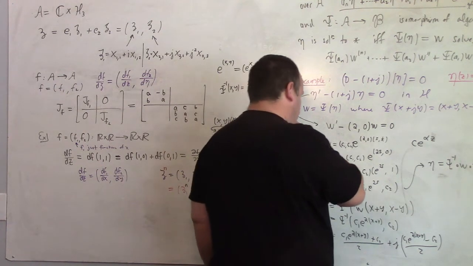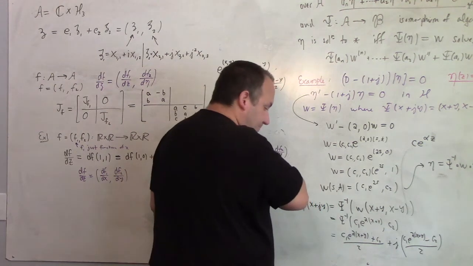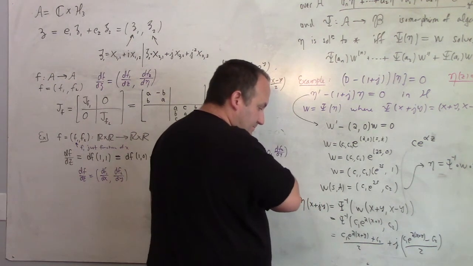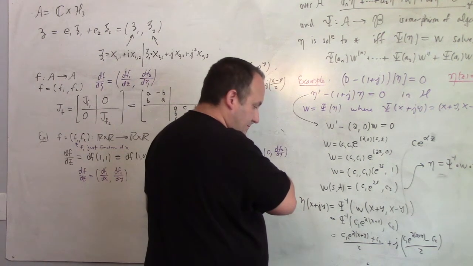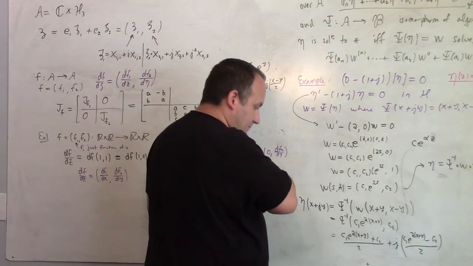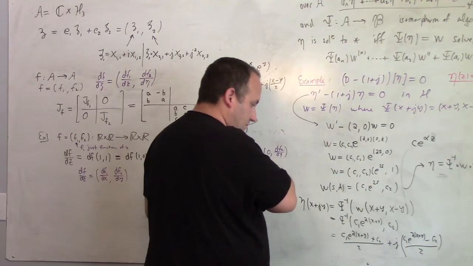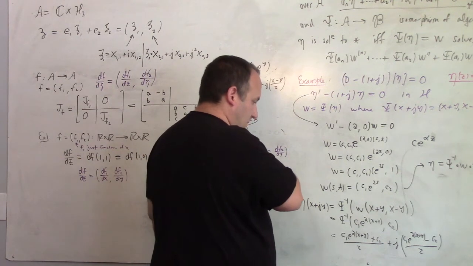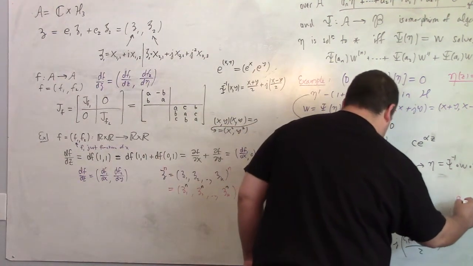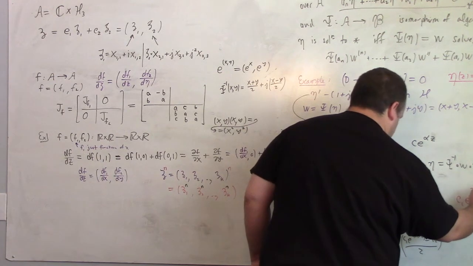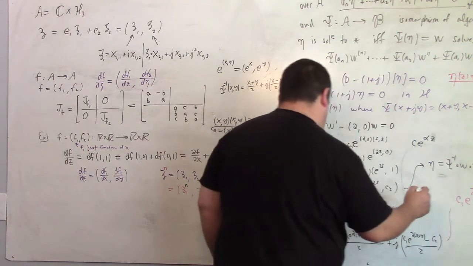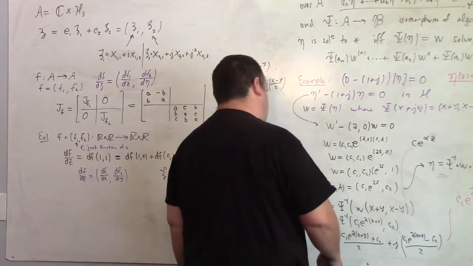Yeah, so you get, okay. And this can be rewritten as C1 e to the 2 times x plus y. Because it's 1 plus j, that's the thing I keep forgetting.